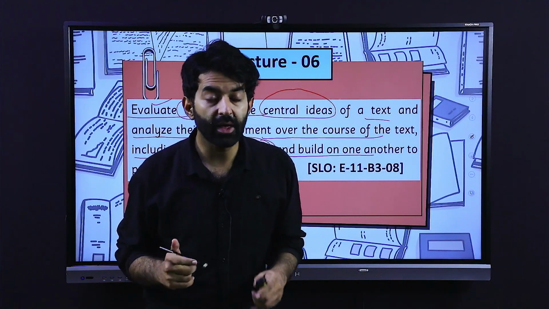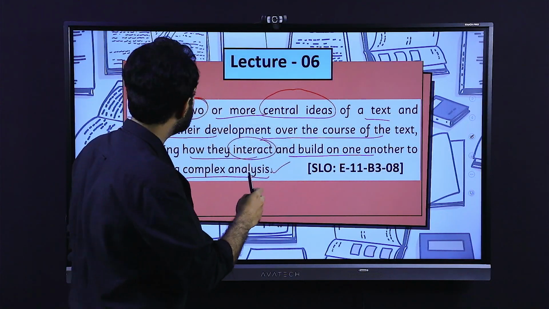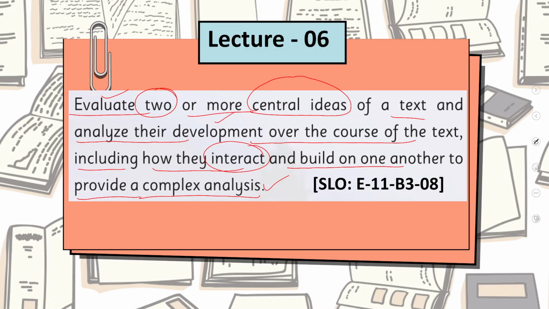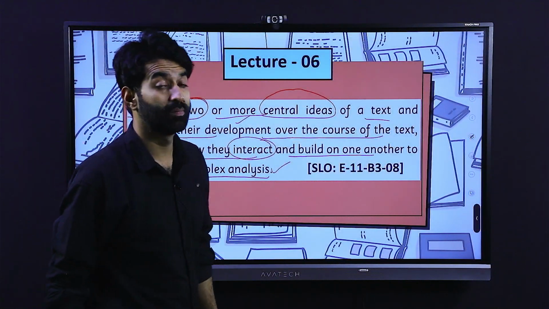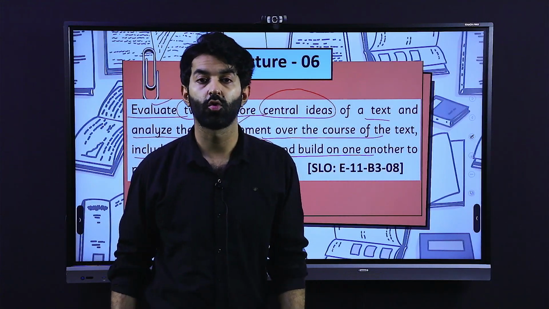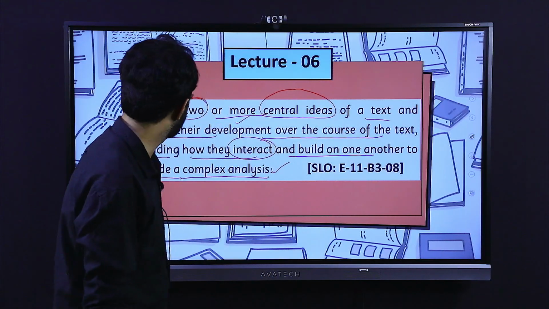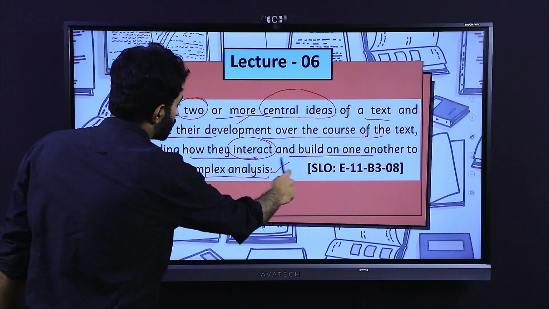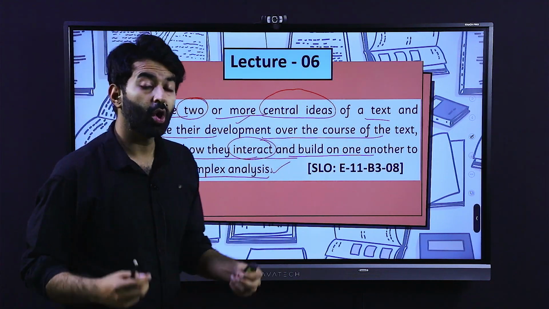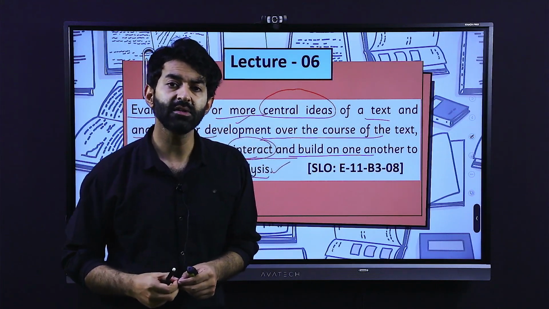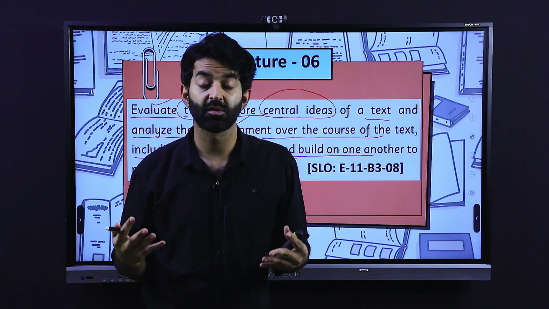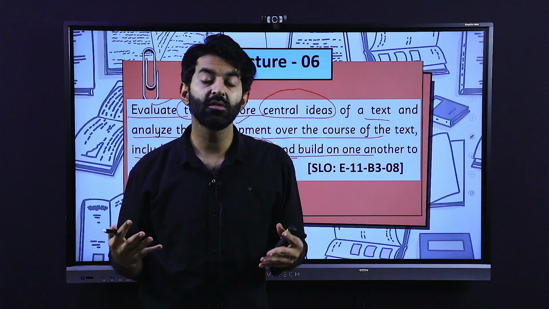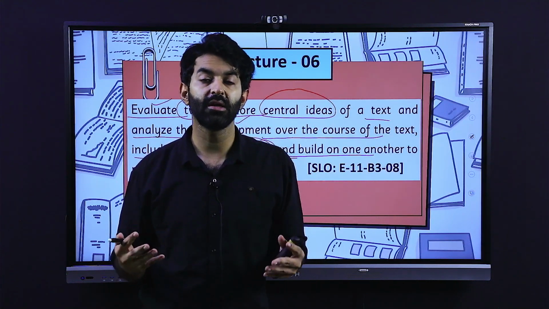how we can identify them and also see how they are related and how they are developing the text, and how the two central ideas are being developed throughout the course of the text. And in doing so, we then not only have a simple analysis, but we will be covering a little complex analysis, because we are going to find these central ideas, main ideas in a text.